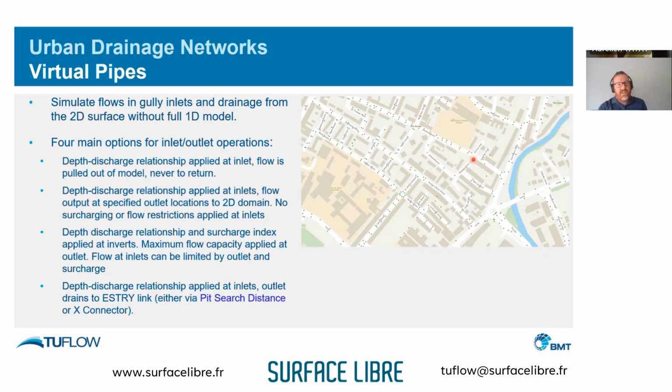So we can actually represent some of the drainage system fully in 1D, and then represent some of the more minor drainage system via a series of virtual pipes, where we're just accounting for the drainage into the network, but we're not actually doing any routing between where the flow is captured and where we're applying it to.